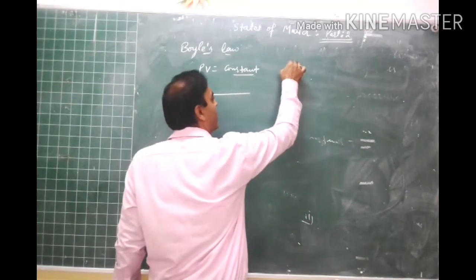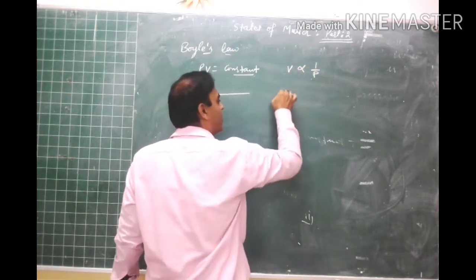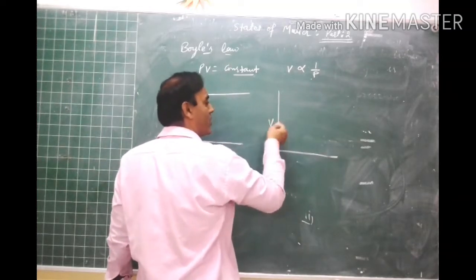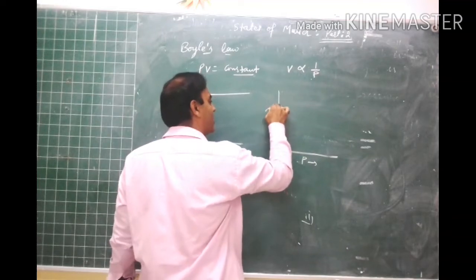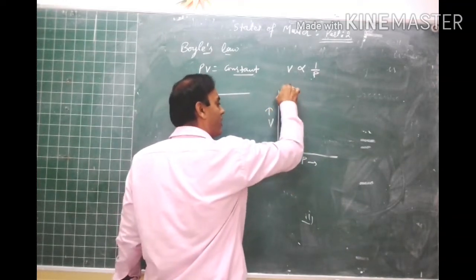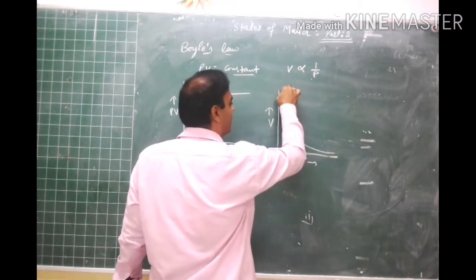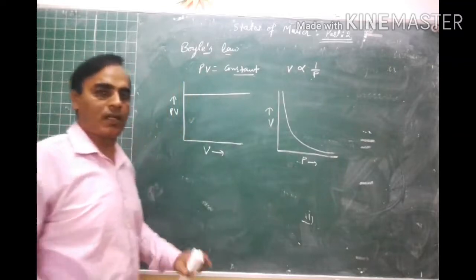Now we also know that V is inversely proportional to pressure, right? So for this graph, suppose here is V, that is volume, on the y-axis and here is P on the x-axis. So you will get this type of graph. Remember, this gap and this gap should be equal.